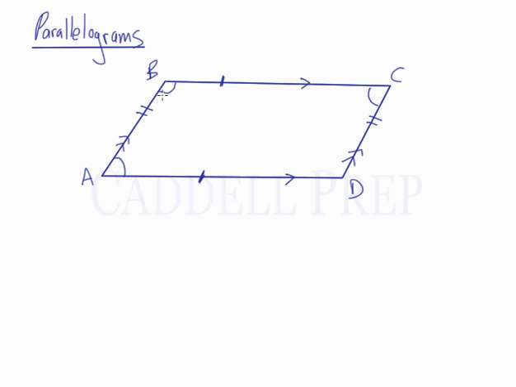So also angle B is congruent to angle D. So angle A is congruent to angle C, and angle B is congruent to angle D. So the measure of angle A is congruent to the measure of angle C, and the measure of angle B is congruent to the measure of angle D. So those are congruent.